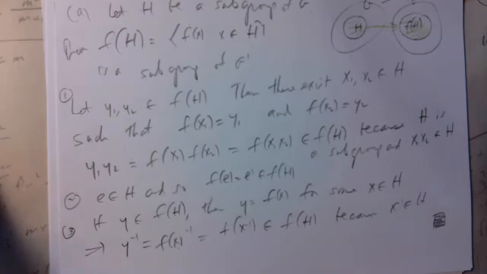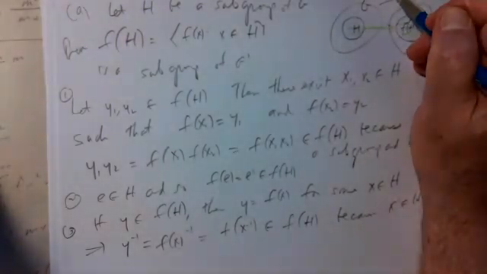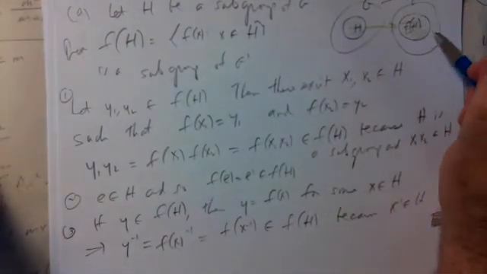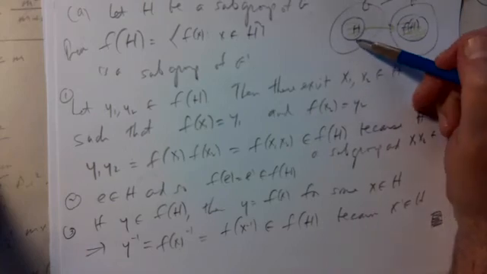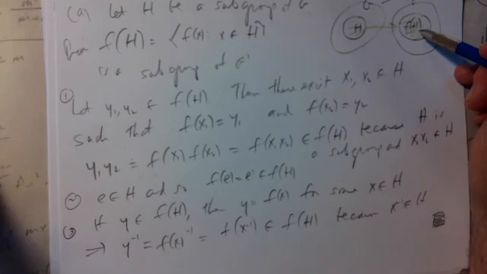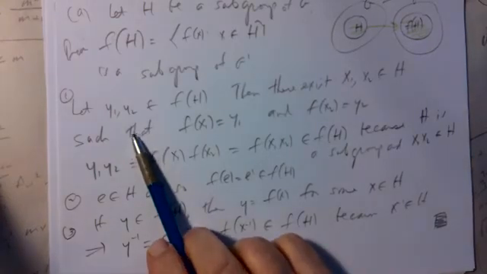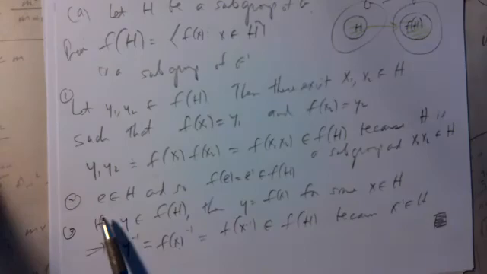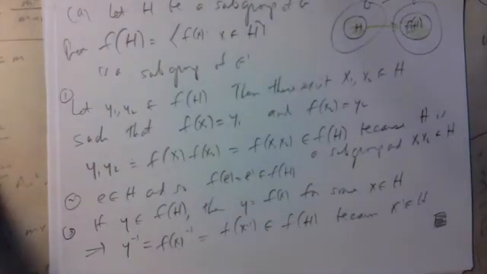If you have a homomorphism f from G to G prime, and you take a subgroup H of G, and you look at its image f of H in G prime, we want to prove f of H is a subgroup of G prime. So we show first f of H is closed under multiplication. It contains the identity, and it contains the inverse of each of its elements.